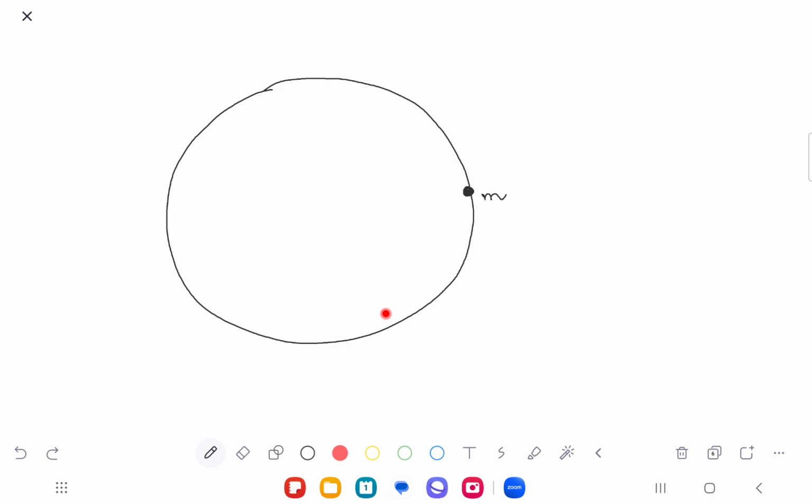Let's suppose I take a smaller thread and tie a ball to it and I want you to rotate it. Would it be easier or difficult for you to rotate? Easier.